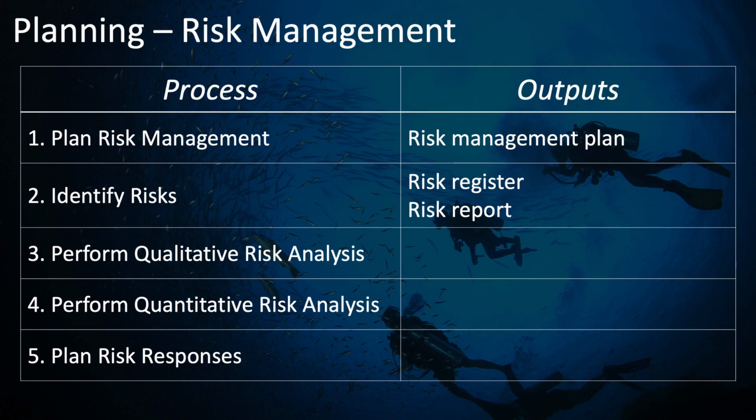Perform qualitative risk analysis, perform quantitative risk analysis, and plan risk responses. You notice that for these last 3 processes, I don't list any principal outputs. This is because the results of these processes, rather than being listed as separate outputs, are instead used to update the risk register and the risk report.